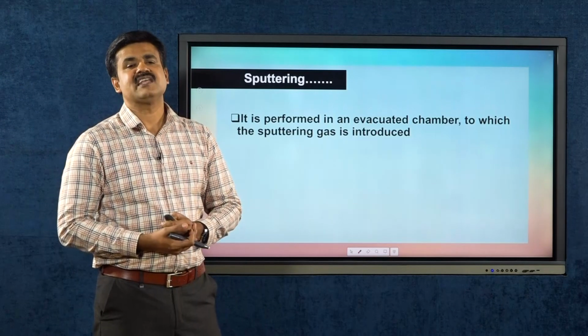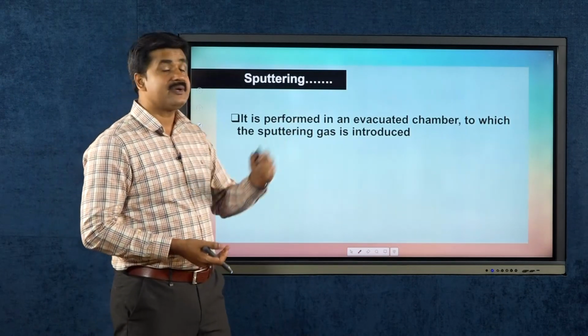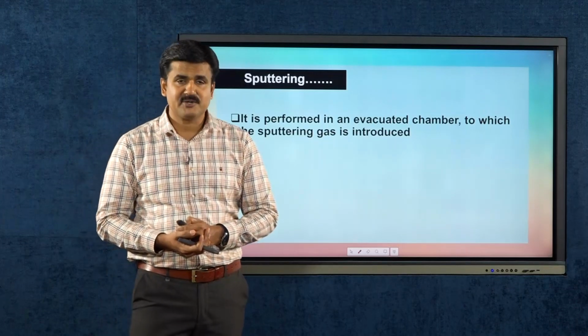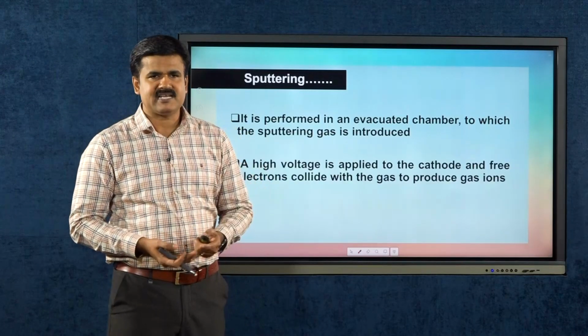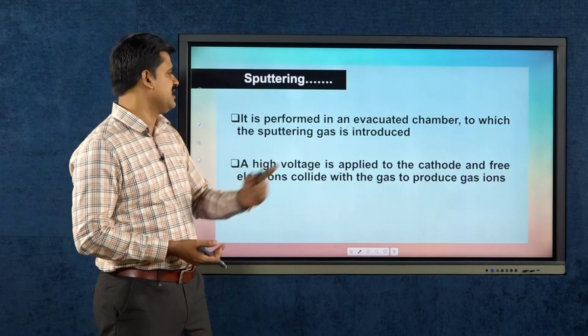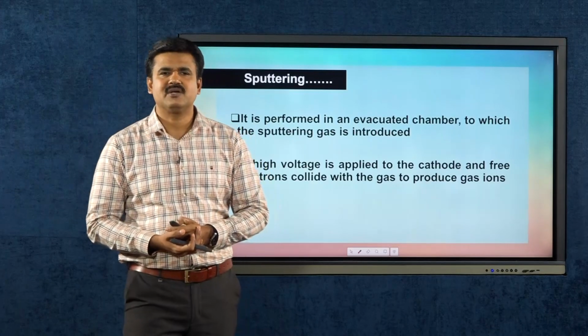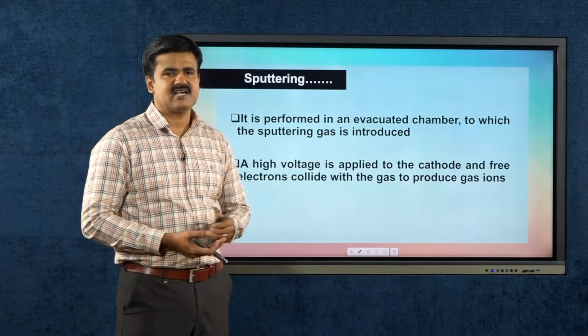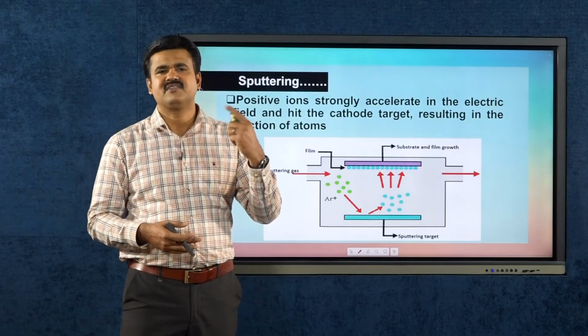Sputtering is generally performed in an evacuated chamber into which the sputtering gas or plasma is introduced. At a high voltage applied to the cathode, free electrons collide with the gas to produce gas ions. Those gas ions lead to the formation of the nanoparticles.